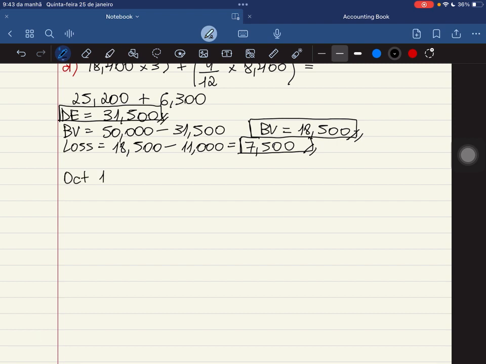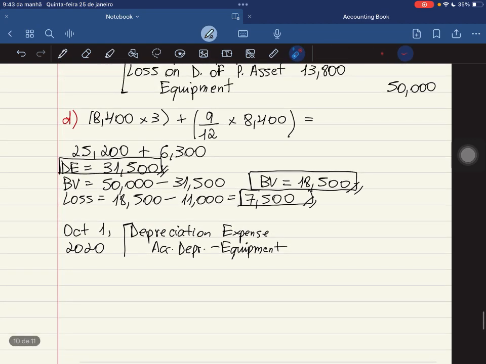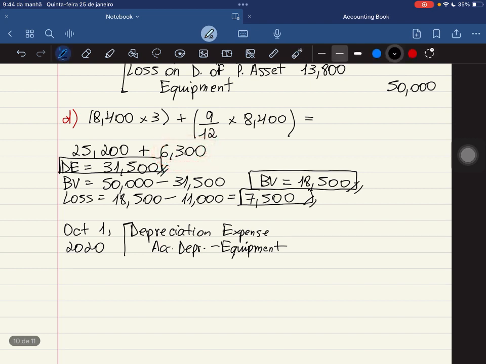Okay, now I am ready to make my entries. October 1st of 2020. First entry, always to record the depreciation expense up to that point, to update that. So we're going to have depreciation expense followed by accumulated depreciation, equipment. Until October, only 6,300 have been depreciated.